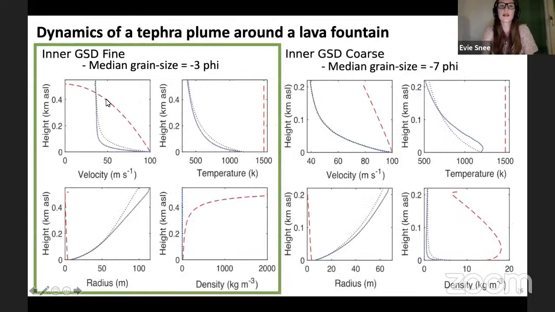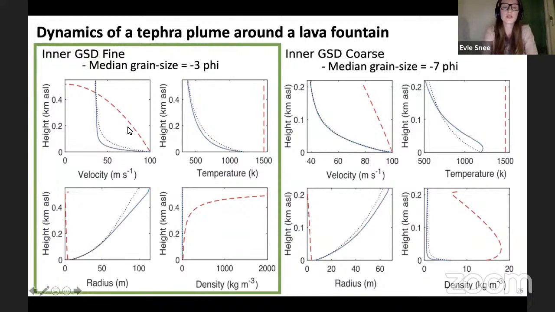Let's have a look at the figures on the left outlined by the green box. Here we have the dynamic profiles of a plume where the grain size distribution of the inner plume is finer, defined by the -3 phi median grain size. And we have the profile of velocity with height, temperature with height, density with height, and the radius with height.